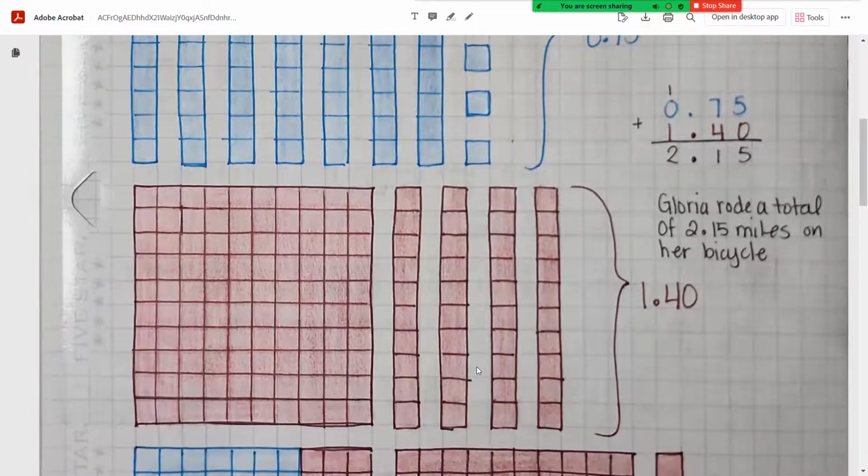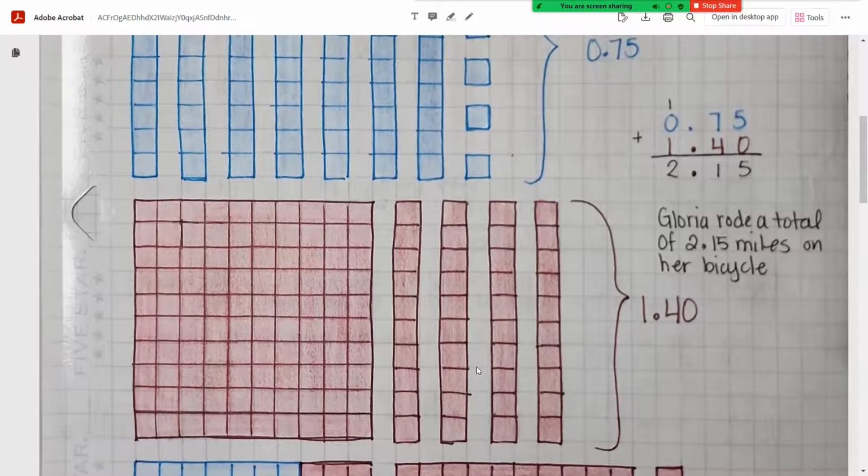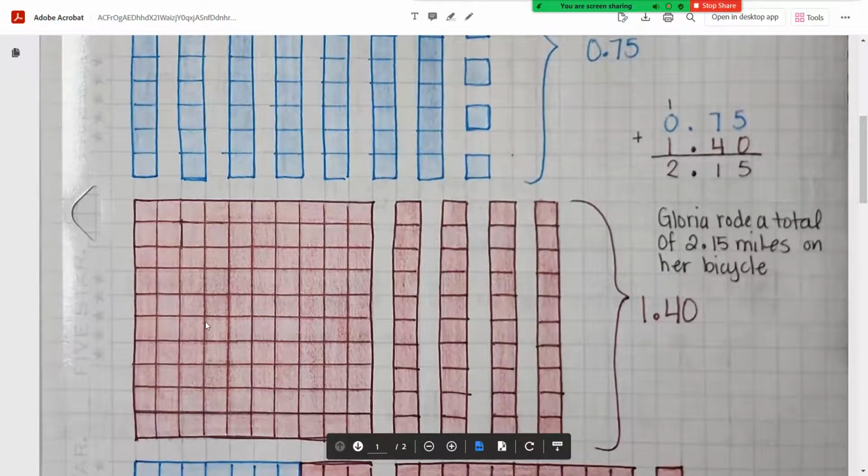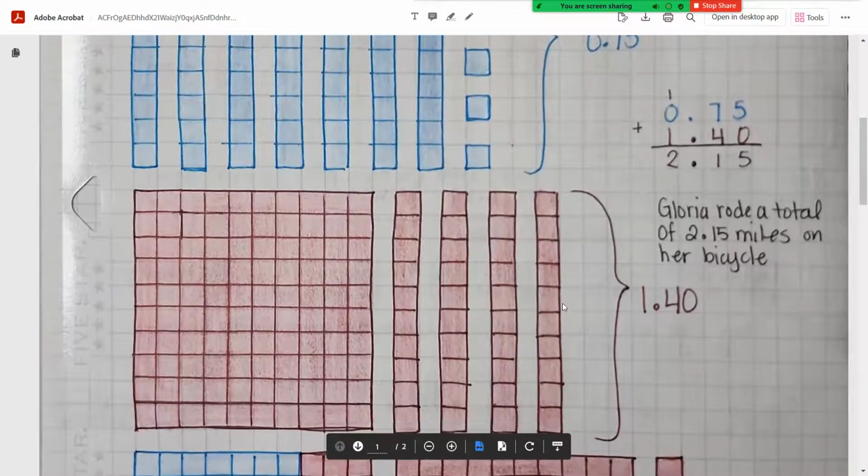That's for her morning. And then for her afternoon, we said that she rode a total of 1 mile and 40 hundredths of a mile. So here's my 1 whole mile. There's my 100 flat and my 4 tenths to make the 40.